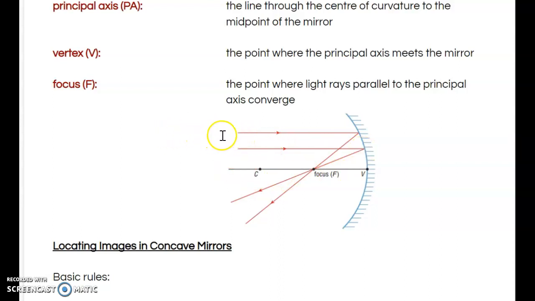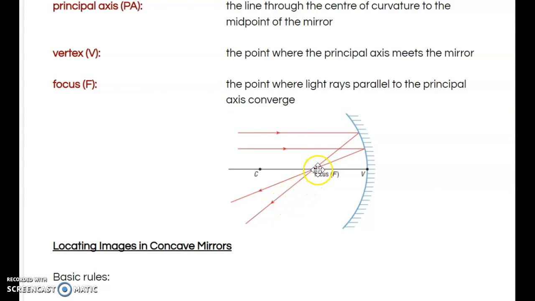So if I have a parallel ray here and a parallel ray here to the principal axis, these rays will always pass through the focus. It doesn't matter how far away from the principal axis I am. I could be right above the principal axis and hit here and it would go through here.